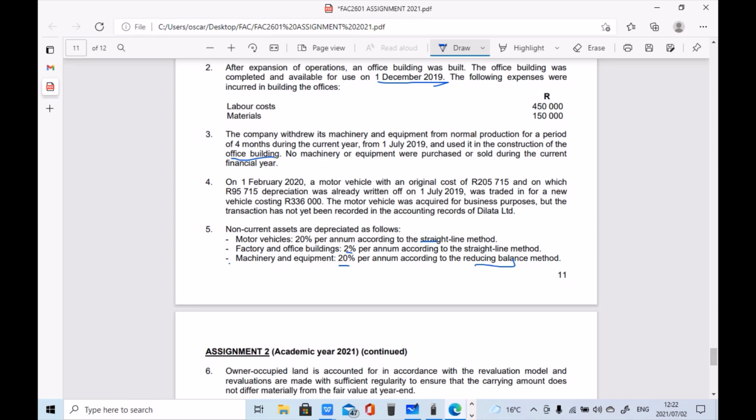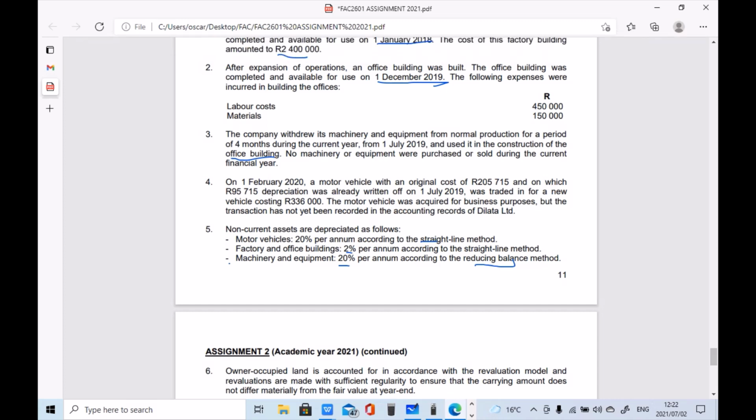The company withdrew its machinery and equipment from normal production for a period of 4 months during the current year from 1 July, so July, August, September, October, and used it in the construction of the office building.